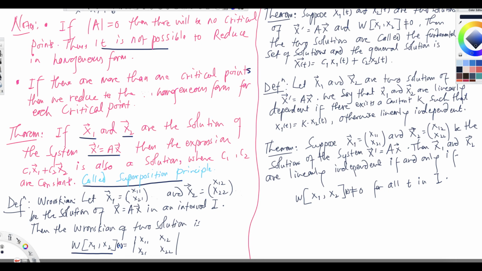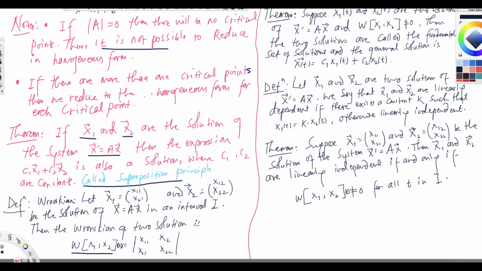So let us talk about the use of the Wronskian in the solutions. Suppose x1(t) and x2(t) are two solutions of x prime equals Ax, and the Wronskian is non-zero. So we are saying that x1 and x2 are two solutions and the Wronskian is non-zero.